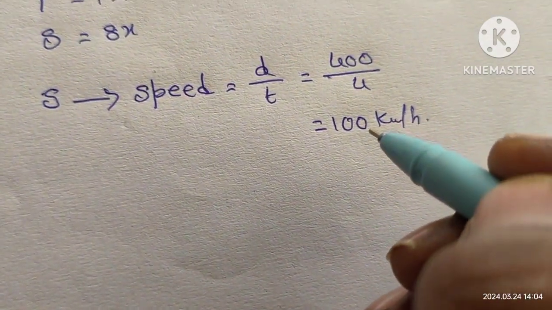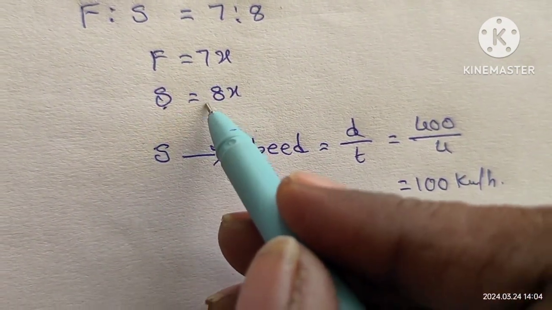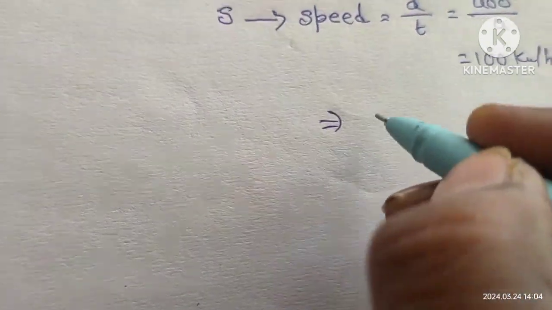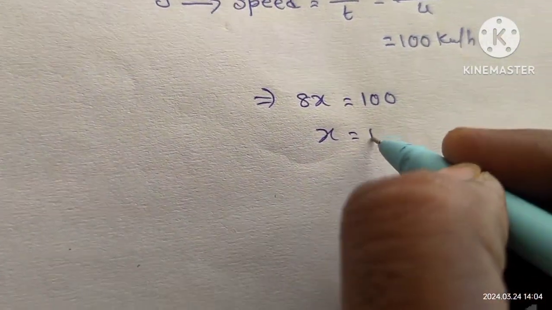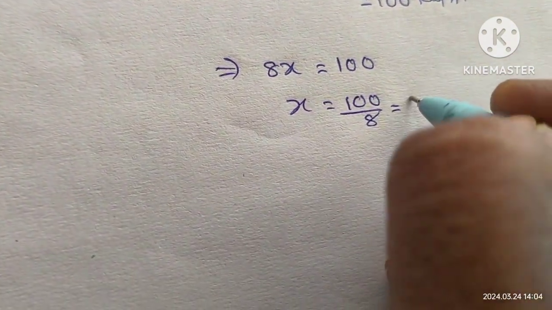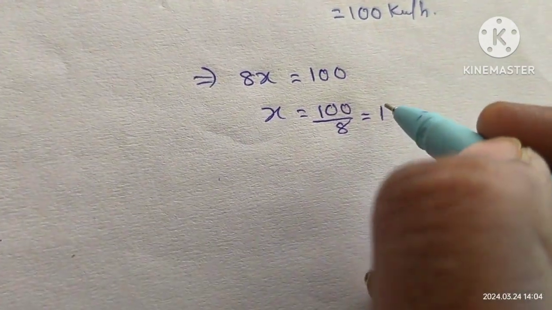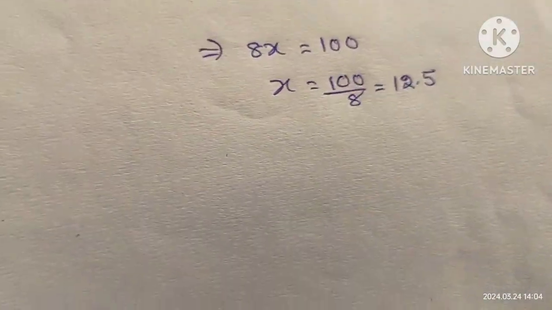That is the speed. But according to our sum, the speed of the second train is 8x. So 8x equals 100, then x equals 100 by 8, which is 12.5. That is the x value.